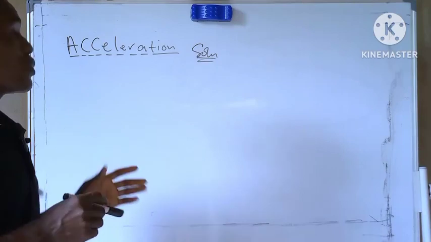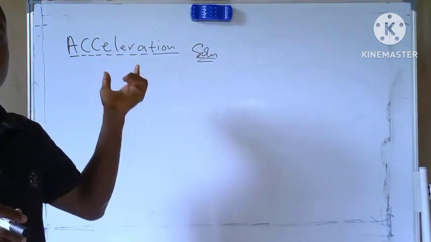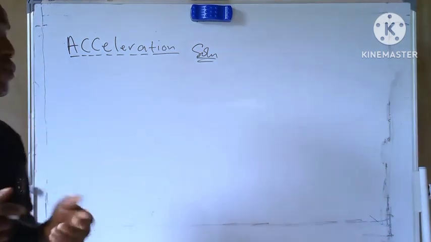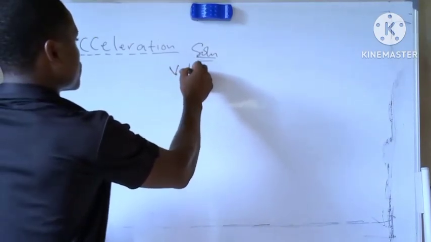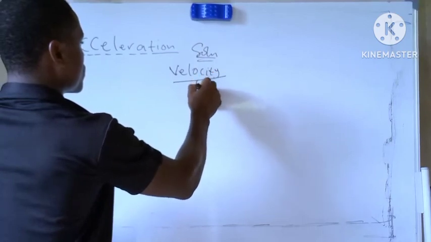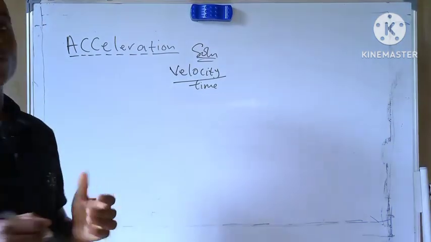So the first thing you need to know is the formula of that particular quantity. Are you getting it? So what is the formula of acceleration? The formula of acceleration is velocity over time. So this is the formula of acceleration, right?